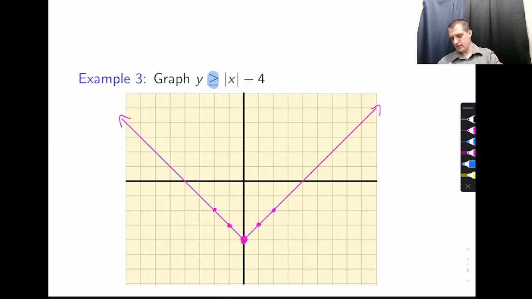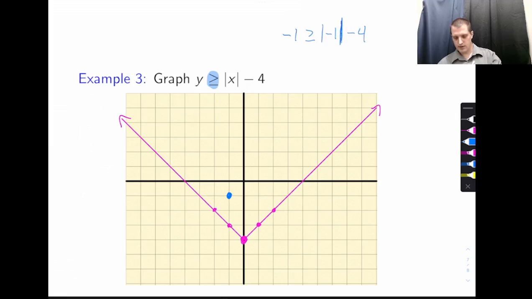Let's see. I haven't done a negative negative, so let's do -1, -1. I'm just doing different test points. You can pick whatever you want, which is not actually on the line. In this case, my pink lines. All right, so we're going to get -1 greater than or equal to the absolute value of -1 minus 4.